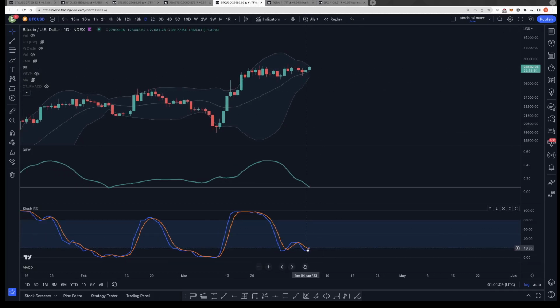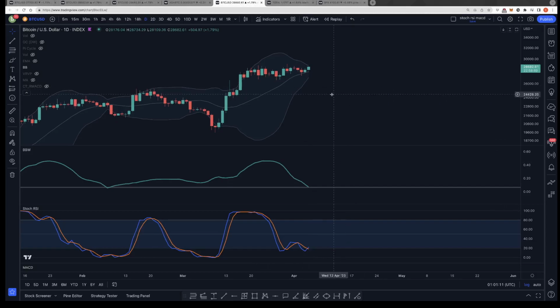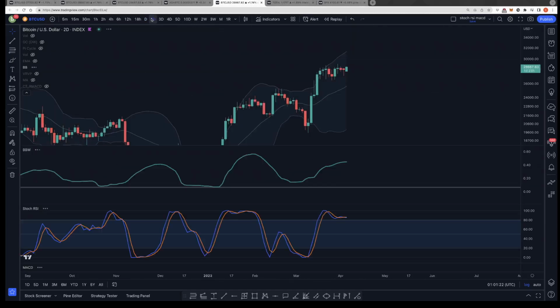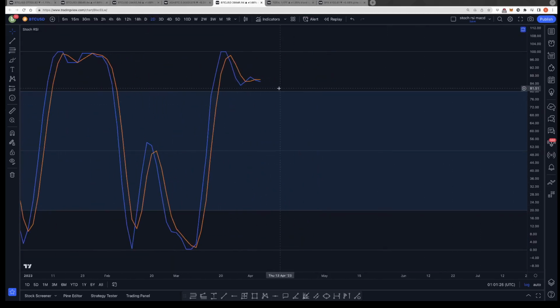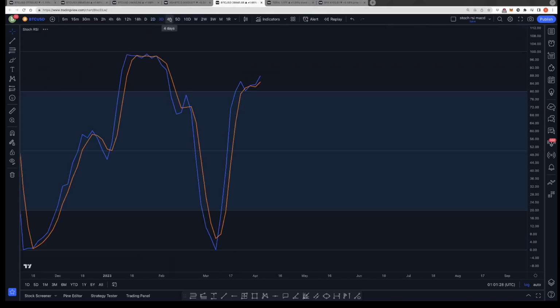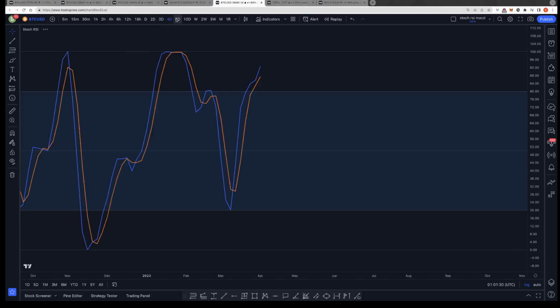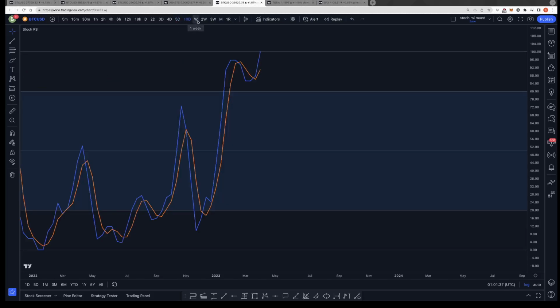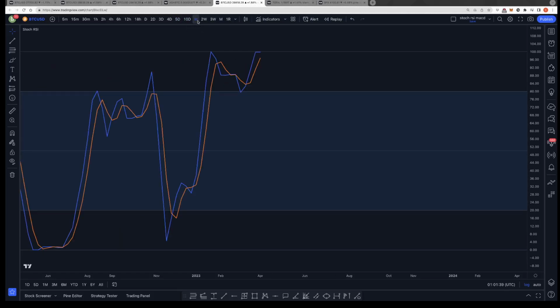Stochastic cross up would favor a break to the upside potentially, and we'll see how this plays out. It's probably going to play out pretty soon. Let's run through some other time frames. Look at the stochastics. 2-day is going sideways, cross down. 3-day up, 4-day up, 5-day almost hitting the 100, closed down a little. 10-day tapping the 100.